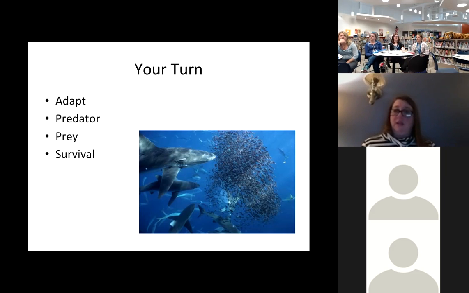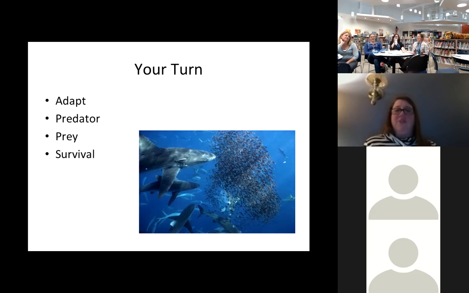Animal eats other animals. Animal that eats other animals. Exactly. Okay, great. So let's piggyback on predator and define or describe prey. Animal gets eaten. Animal gets eaten, right? Exactly.